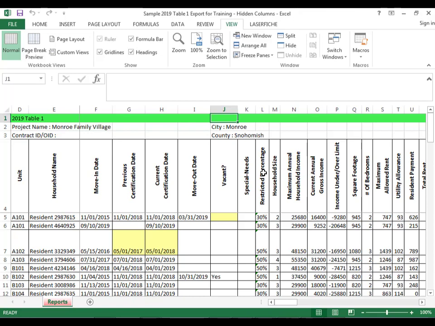I know the thought is I'll just wait and import at the end of the year, but a lot of times when an import is done, there's some cleanup that needs to be done in your property software so that things import correctly, and it's a lot easier to do a couple of those a month if you see them when you do an import than it is to wait until the end of the year and then have to do your import and have lots of errors and corrections that need to be made.